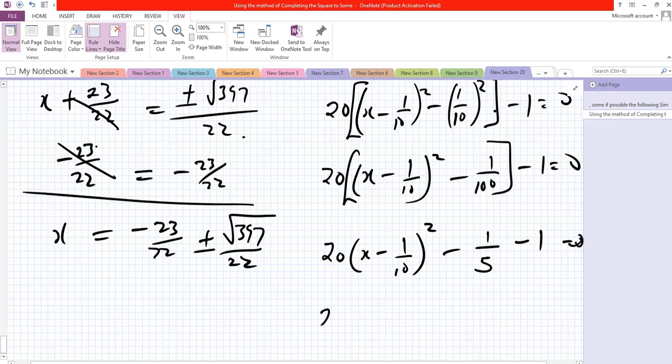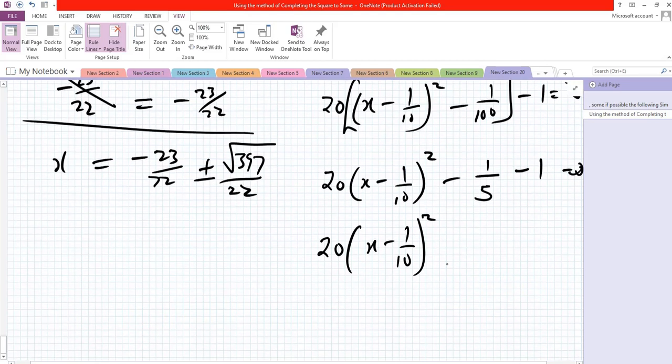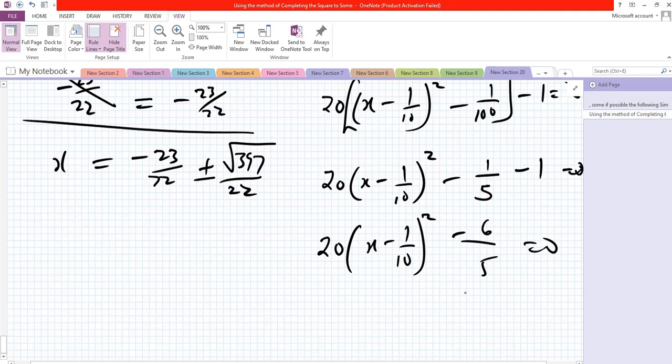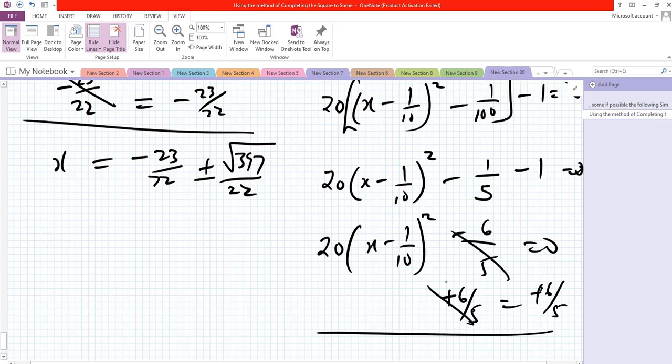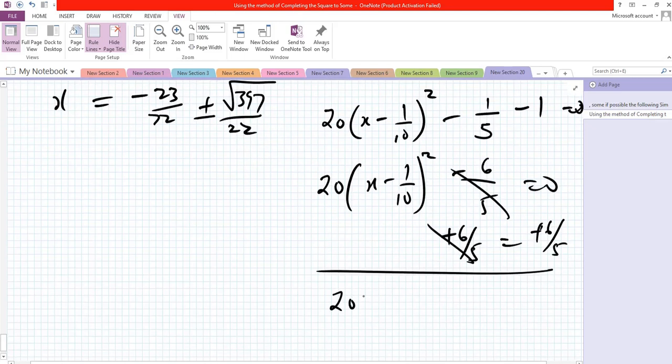So we have now 20 x minus 1 over 10 all squared. This will be minus 6 over 5 equals 0. Now, adding plus 6 over 5 to both sides. This will cancel out this. We're left with 20 bracket open x minus 1 over 10 all squared equal to 6 over 5.